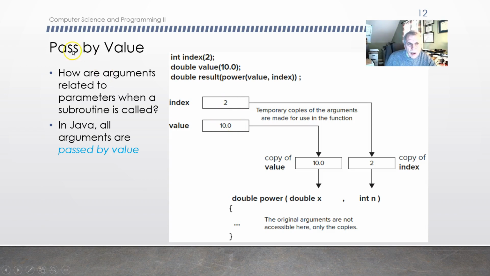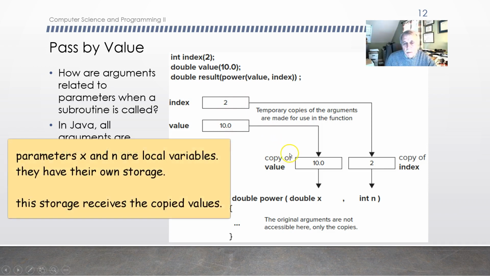When we pass by value, we are saying, let's invoke this routine called power, and I'm going to give it value, and I'm going to give it index. But I'm not actually giving you direct access to the storage associated with the variable index or the variable value.